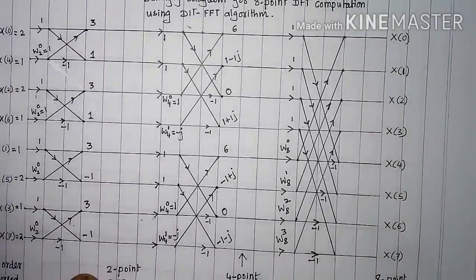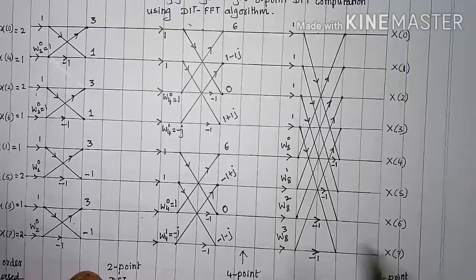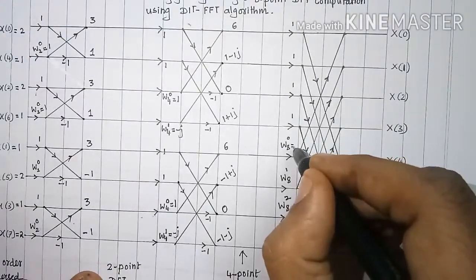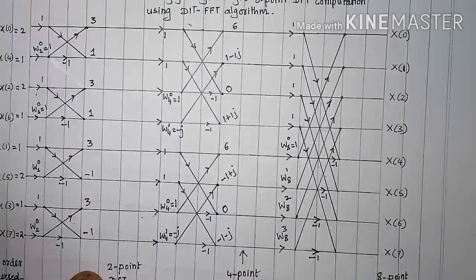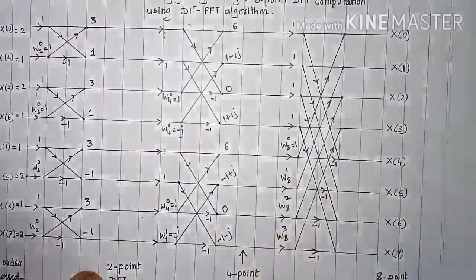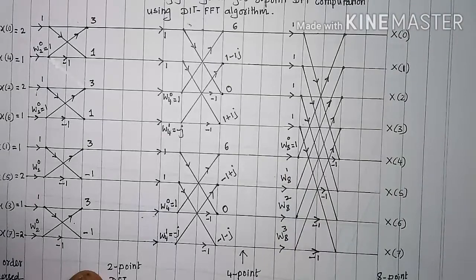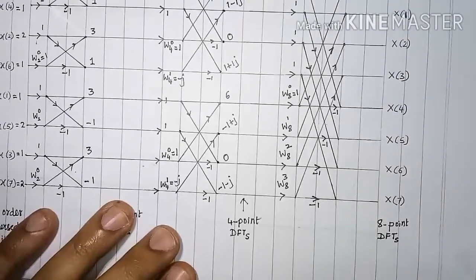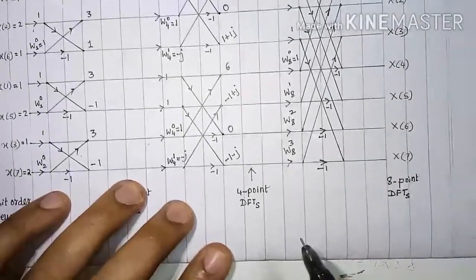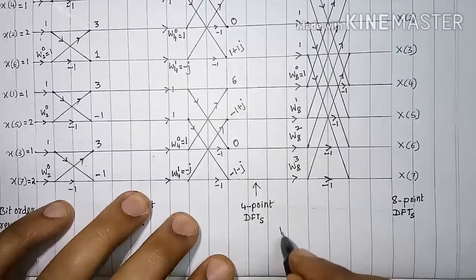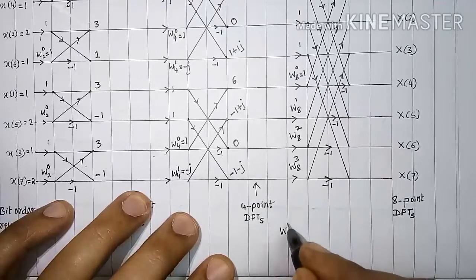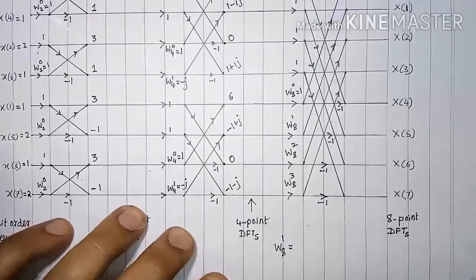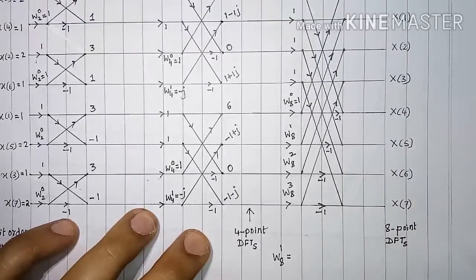But before that, we must know the values of W8 raised to 0 equal to 1, W8 raised to 1. I will write those values here. You will have to make use of a calculator to compute the products, then addition and subtraction.